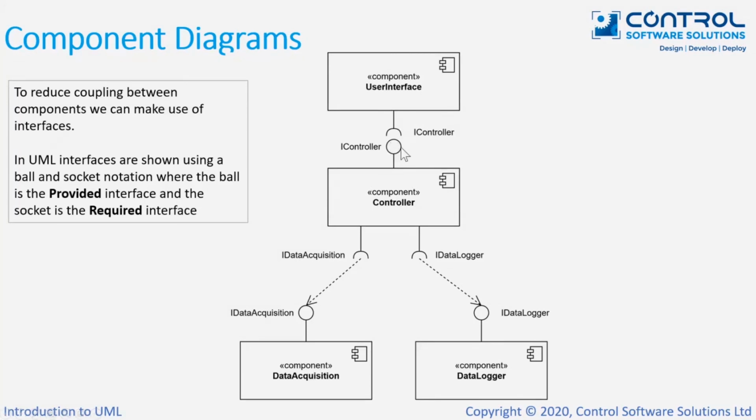We said that we'd have an interface class, so this would refer to that interface class, and the user interface would be able to work with that class. It doesn't care about what implementation, and we should be able to switch the implementation without any changes to the user interface. Here, just because the ball doesn't fit in the socket, I've used the dependency arrow, and that's the correct direction. So the required interface is dependent on the provided interface.